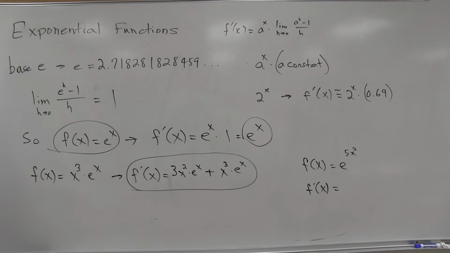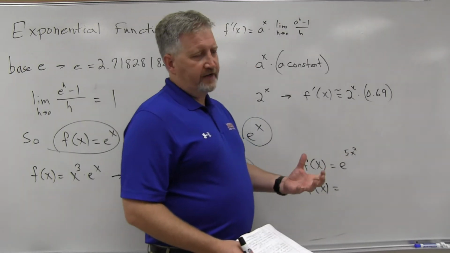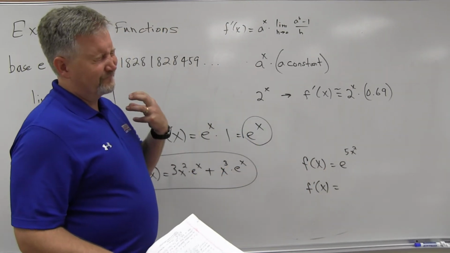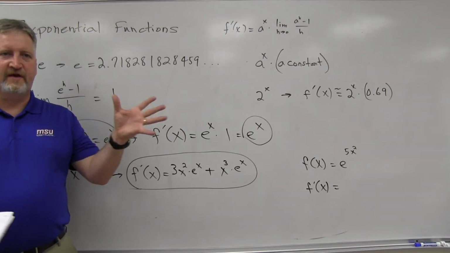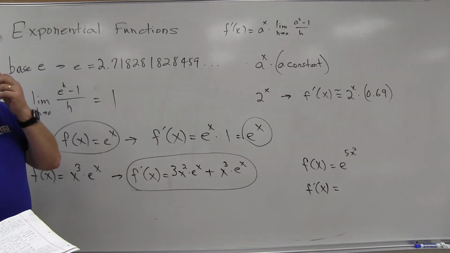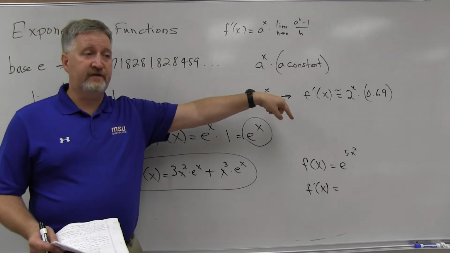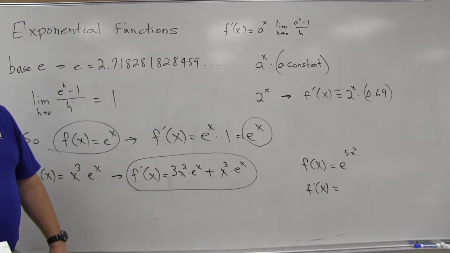What rule is going to kick in there? The chain rule. It's not the most obvious chain rule, I guess, because you don't have the inside and outside obviously showing, but the power is the inside and the base is the outside.